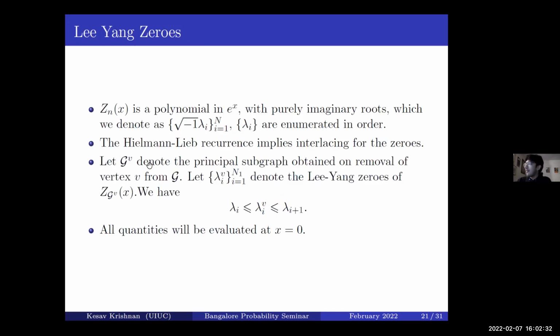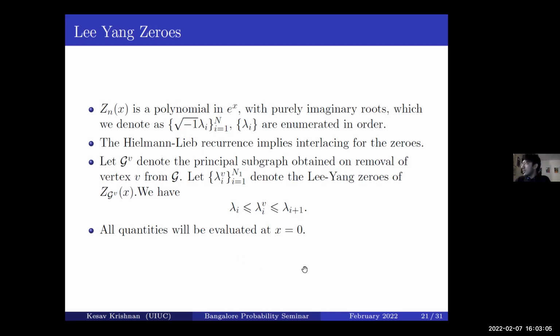So in other words, if you have one vertex removed, if you look at the principal subgraph corresponding to the removal of that vertex, and you look at the Lee-Yang zeros of the corresponding partition function, you have this interlacing property that is reminiscent of the interlacing that, for instance, submatrices of a matrix follow. The eigenvalues of a submatrix interlace the eigenvalues of the larger matrix.